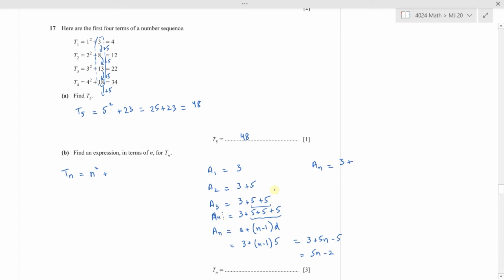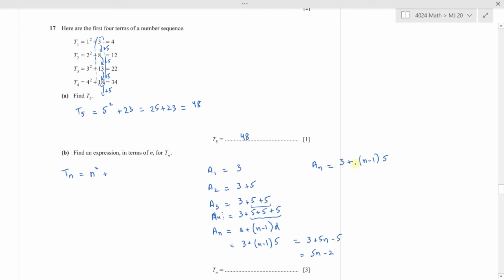So if you're writing the nth term, how many 5s will you add? You will add n minus 1 5s. So n minus 1 times 5. Again, this will give you the same final answer. So you can either use the formula, or if you forget what the formula was, you can expand the expressions like this and find the nth term from observation, that you're adding a fixed number of 5s to 3.